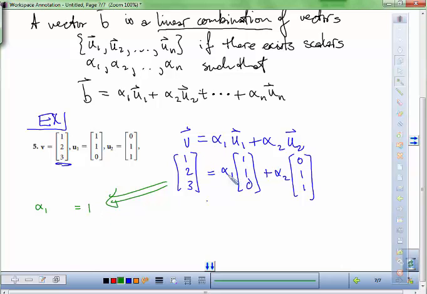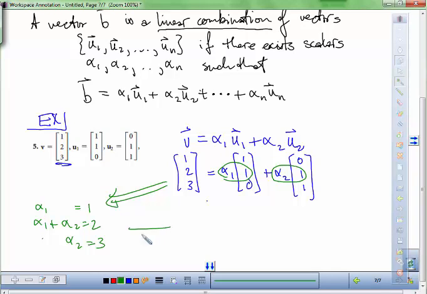Now for the second component, I'll have alpha 1 times 1, alpha 2 times 1, so alpha 1 plus alpha 2 is equal to 2. And then I would have alpha 1 times 0, alpha 2 times 1 is equal to 3. Okay?